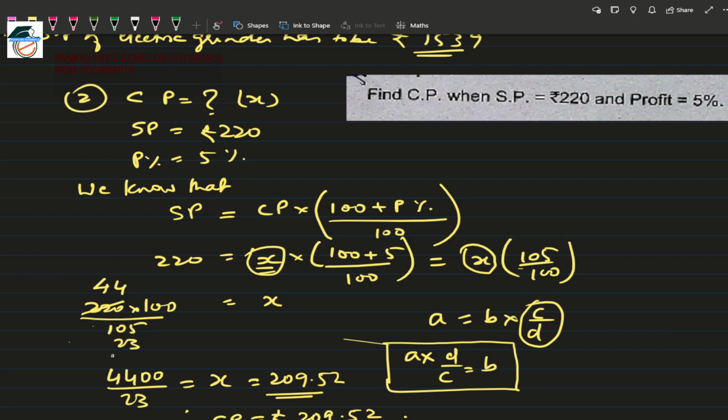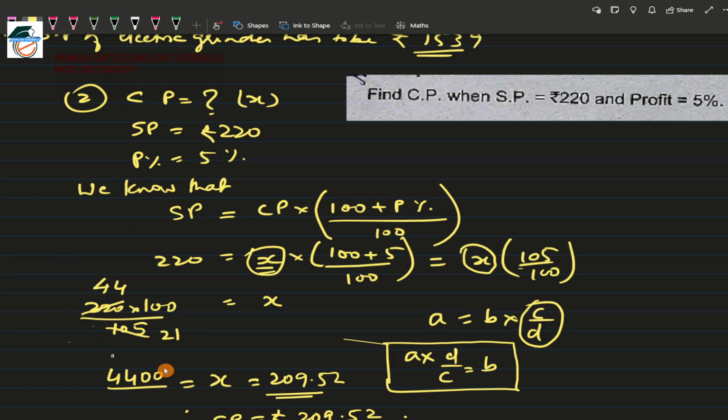Now 105 divided by 5 should be what? 5 2s are 10 and 5 1s are 5, so 21. So 44 upon 21 I am getting into 100. So it will be 4400 upon 21, not 23.